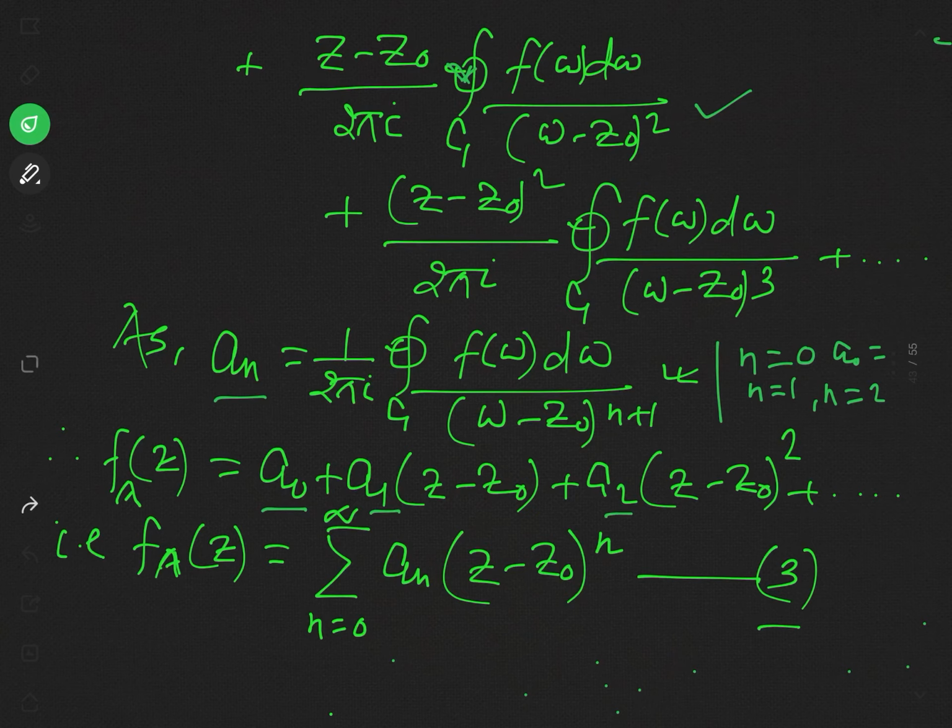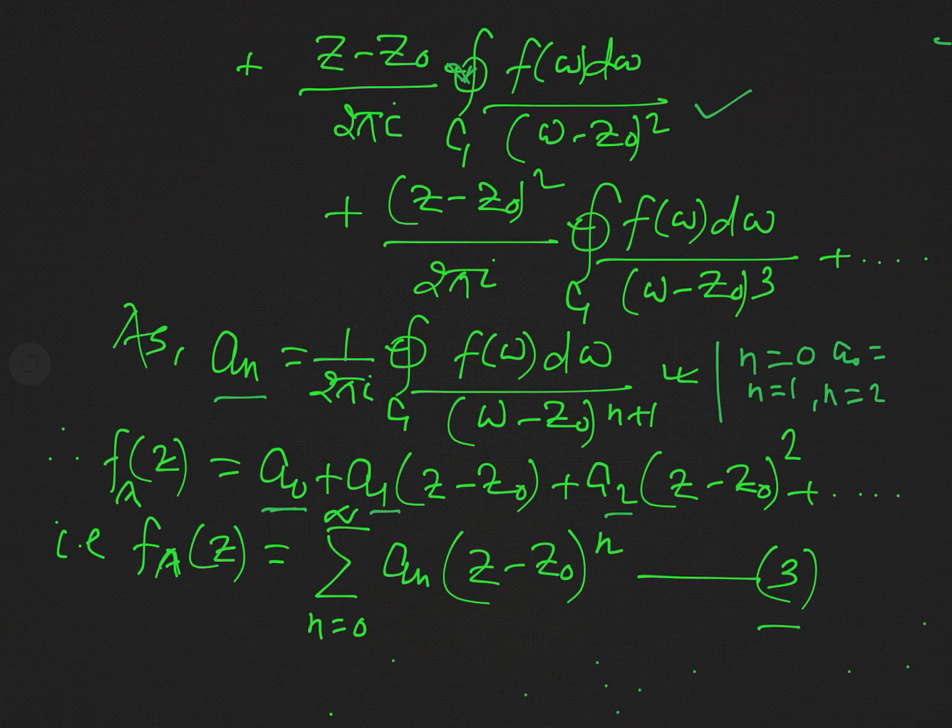So in compact form, you can write this function fa of z as the summation over n equal to 0 to infinity of an (z minus z naught) to the power n. You can check this. If you put n equal to 0, you will get the first term. If you put n equal to 1, you will get the second term.